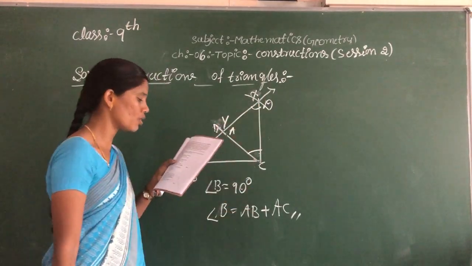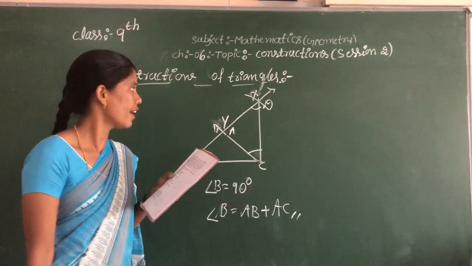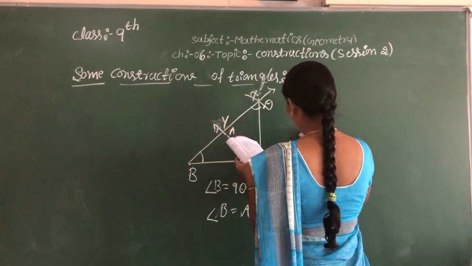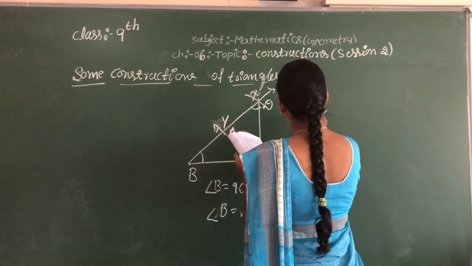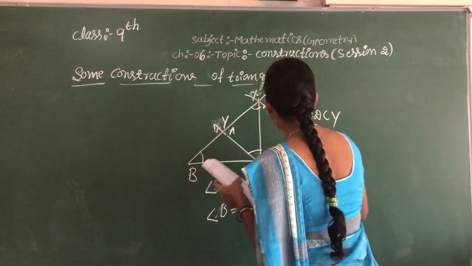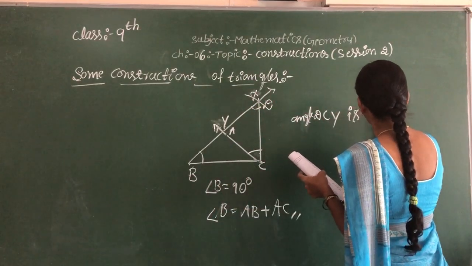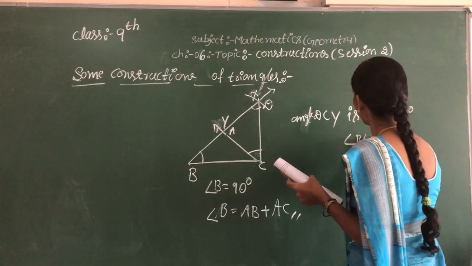Angle DCY is equal to the angle BDC. So we should write angle DCY equal to angle BDC.